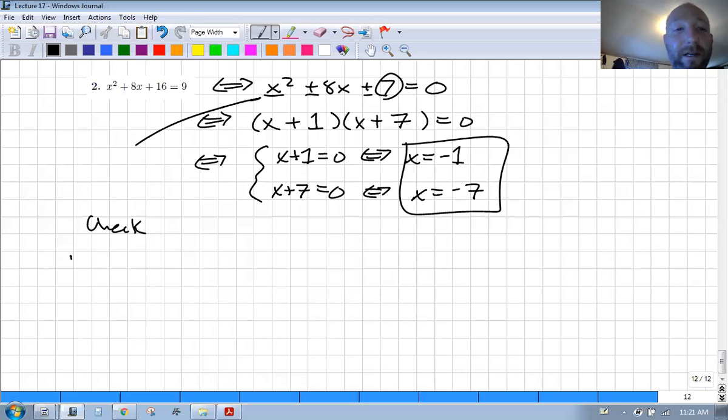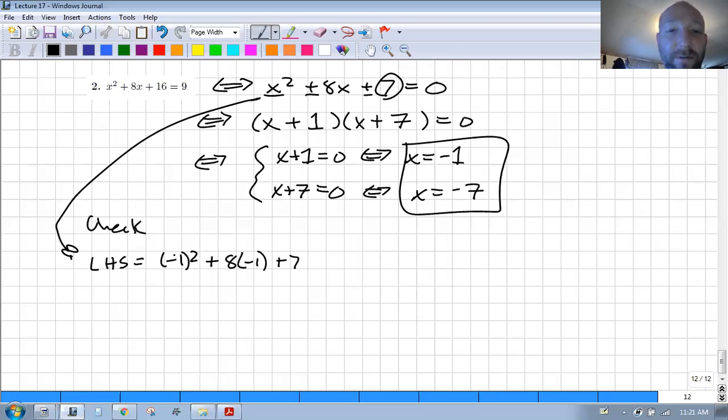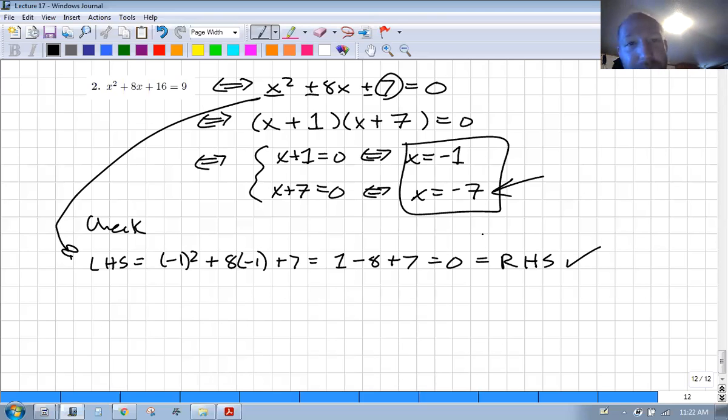Looking at this guy right here, our left-hand side, if we plug a minus 1 in, we got plus 8 times a minus 1 plus 7. See, this would be 1 minus 8 plus 7. That's 0, which is the right-hand side. And we could check the minus 7 in the same way. Just plug it back into the original equation.